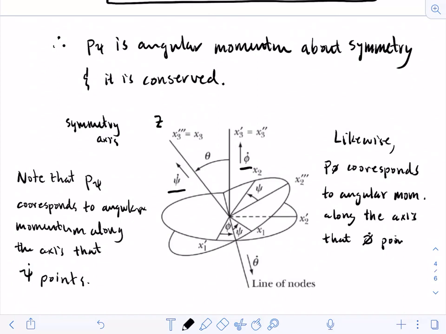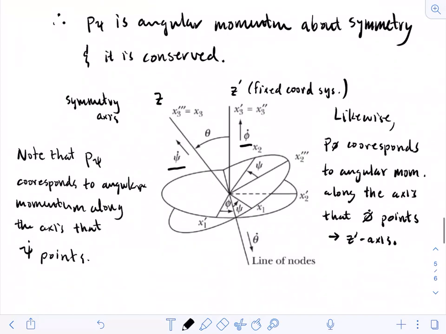And this axis that phi dot is pointing along is the z prime axis. It's the fixed z axis. It's the z axis of our fixed coordinate system. So this is z prime, and so this is in our fixed coordinate system.